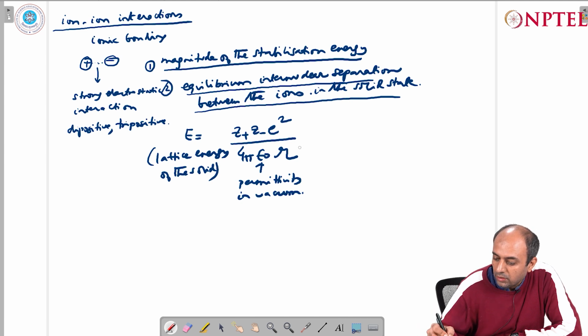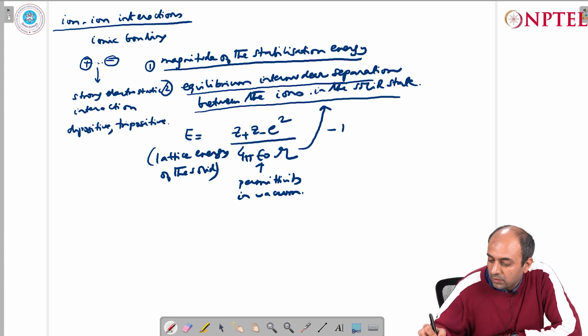R is the equilibrium internuclear separation, and Z plus, Z minus is the magnitude of the charge on the cation and the anion respectively. So this is also referred to as the Born-Landé equation.